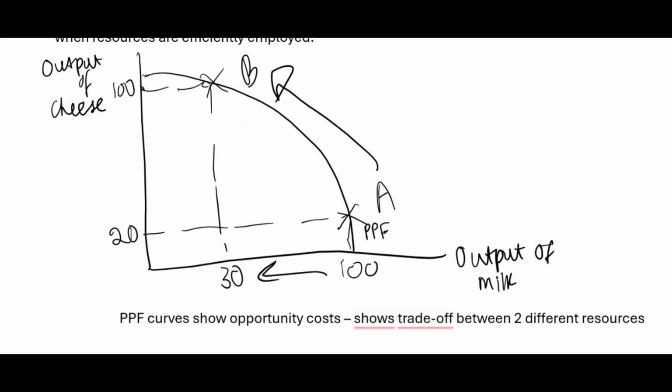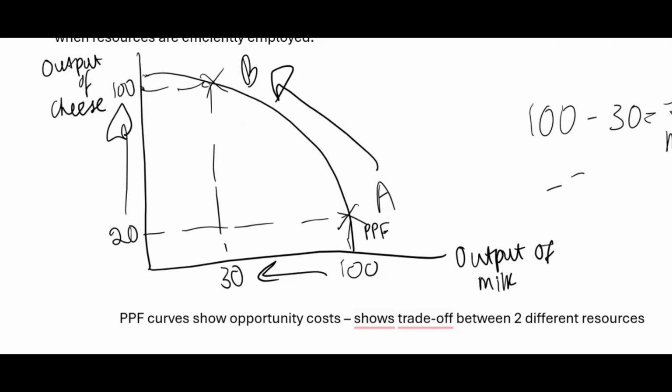The opportunity cost would be of milk. You have to sacrifice milk, so you have to do 100 minus 30, which is 70. So you would miss out on 70 units of milk. That's the opportunity cost. Well done. And what are we gaining?